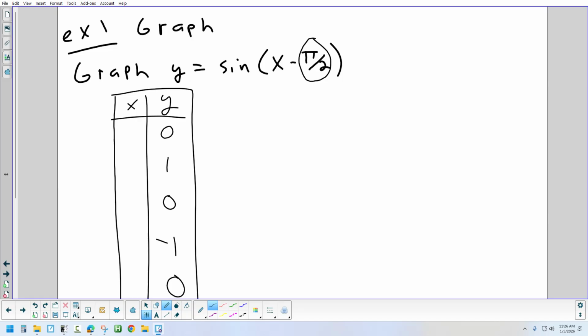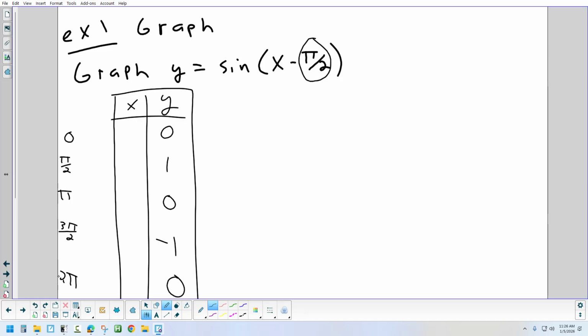What are my original x values for sine? I'm just going to put them off to the side. 0, pi over 2, pi, 3 pi over 2, 2 pi.